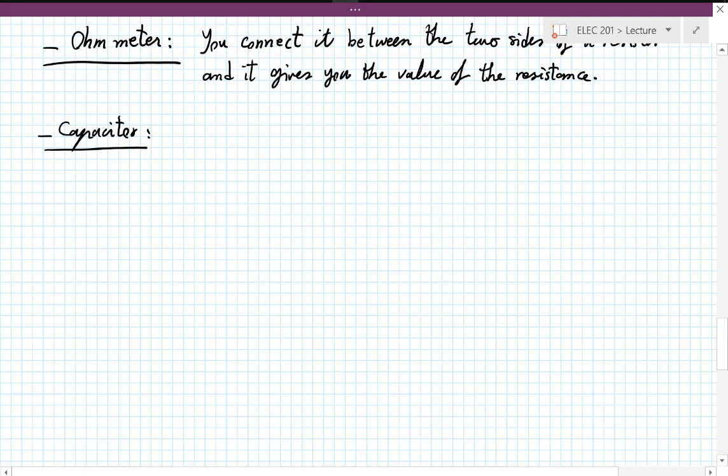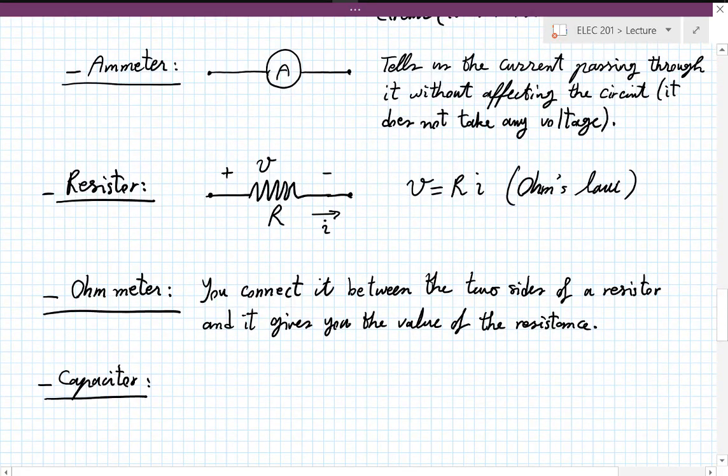So a capacitor, like a resistor, is defined by its current-voltage relationship. And instead of a simple proportionality of the current being proportional to V, the current is proportional to the time derivative of V. Okay?